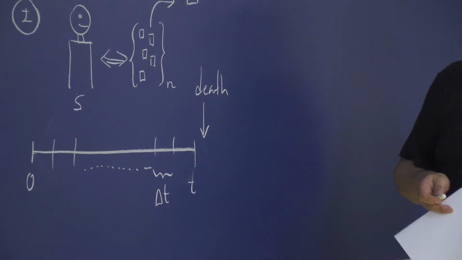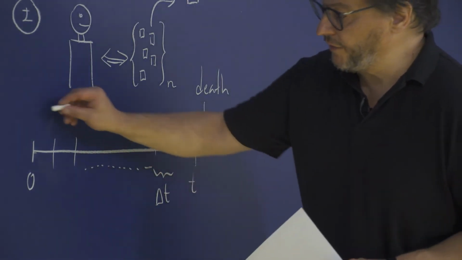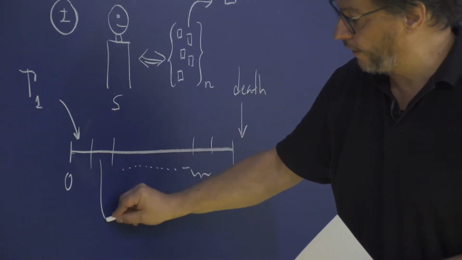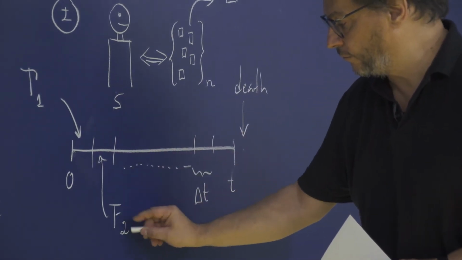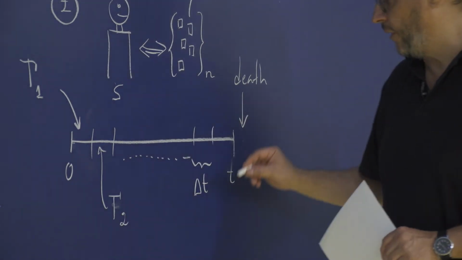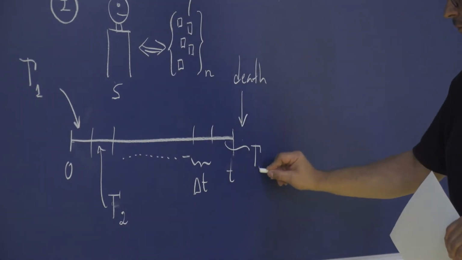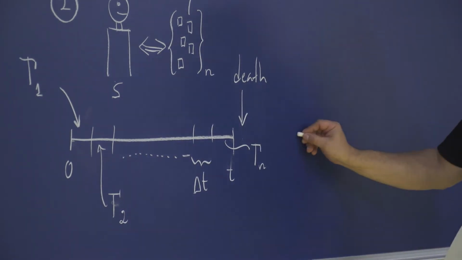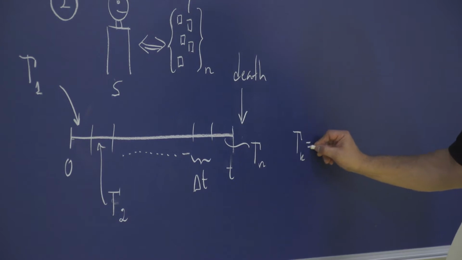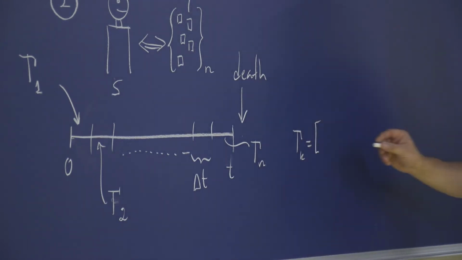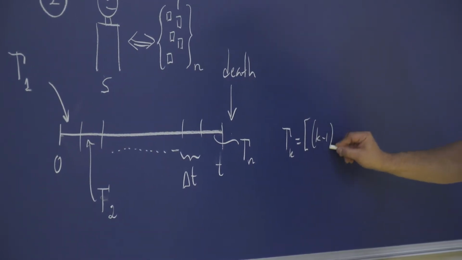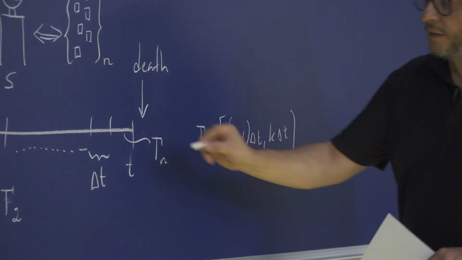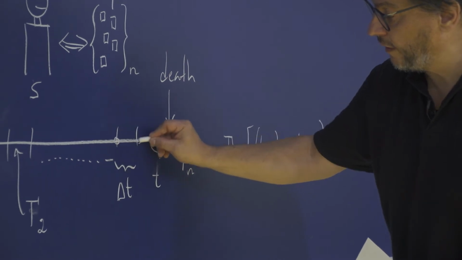This partition implies that I have different subsets of time, gamma 1, gamma 2, etc. Strictly speaking, that means I have different intervals defined as (k minus 1) delta t to k delta t, simply saying that it starts somewhere here and ends somewhere here.